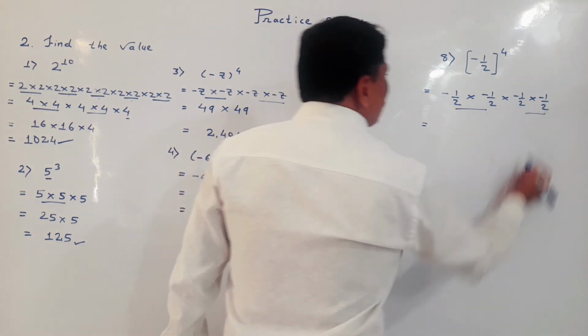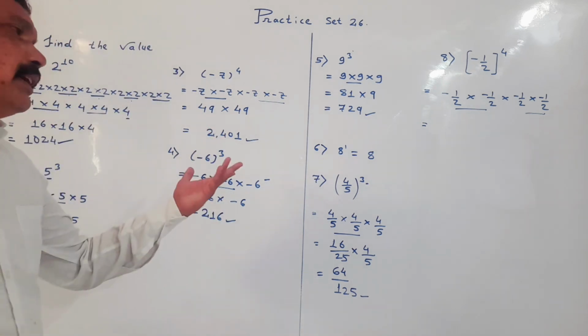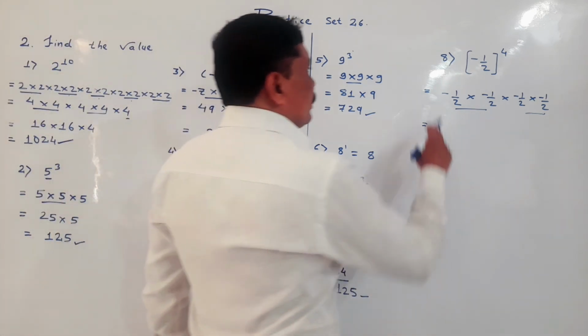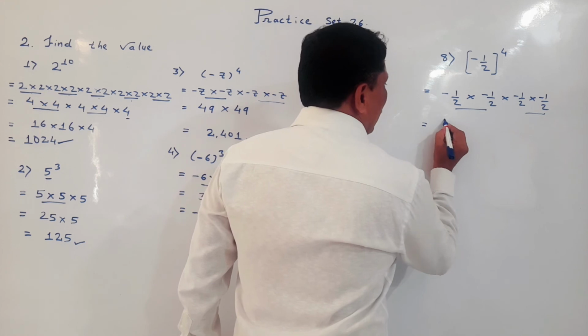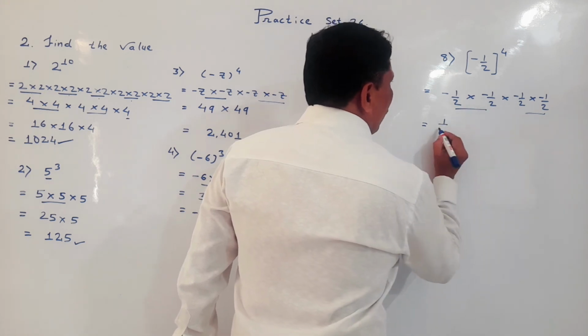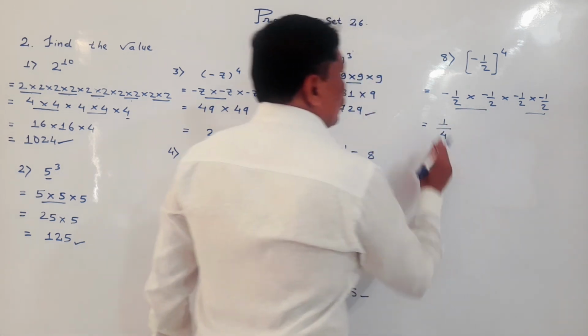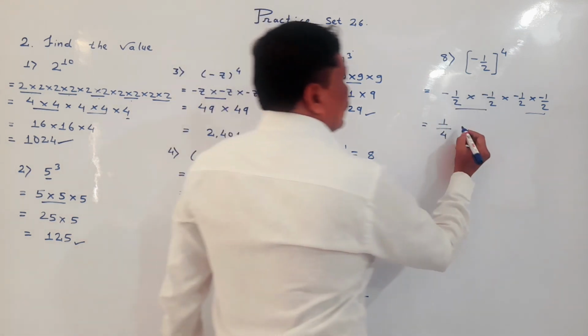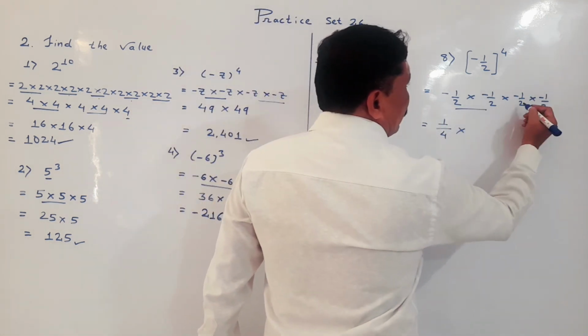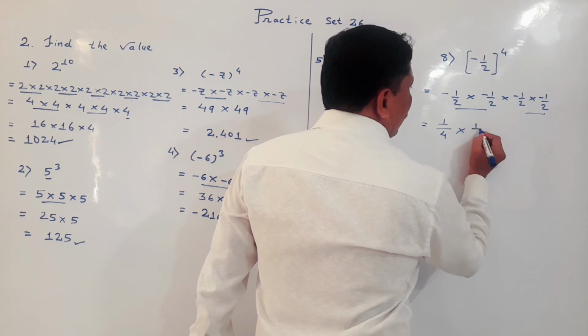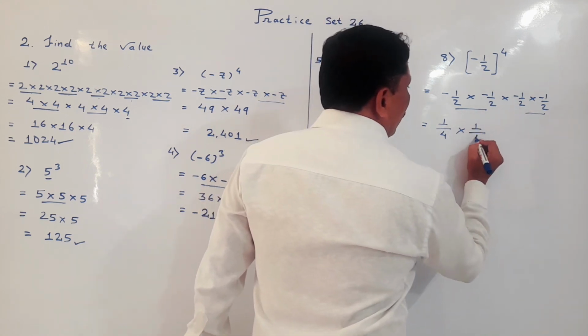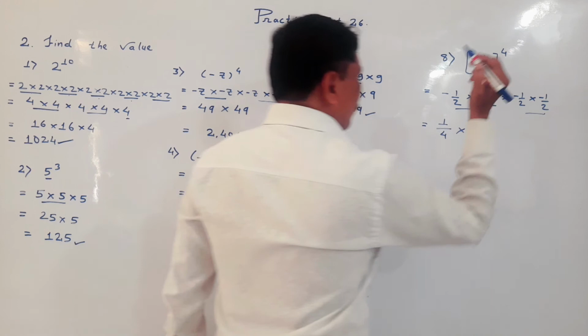Now again, my dear student, we have to multiply numerator and denominator. Minus will become plus. 1 into 1 is 1. 2 to the 4. Minus will become plus. Into 1 1s are 1. 2 to the 4. Minus and minus will become plus.